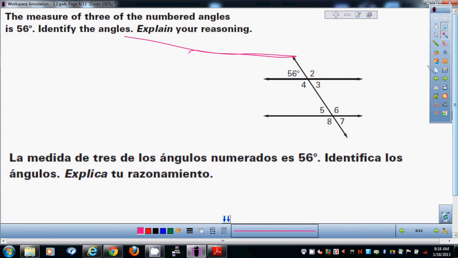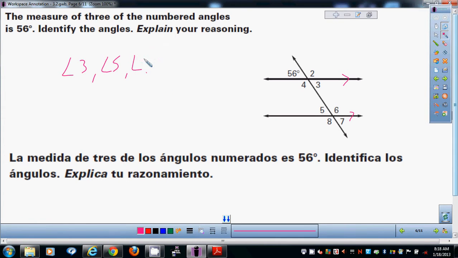Yes, ma'am. You're exactly right. How did you know that? Very good. They look the same. They're the acute ones. Who could tell me what angle 2 would be? They're either going to be the same or they're going to add to 180. So if it's not the same, subtract from 180.